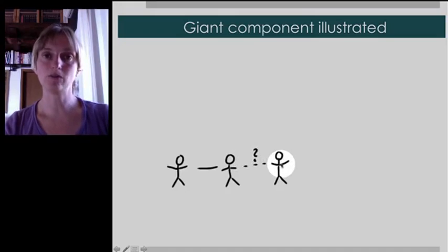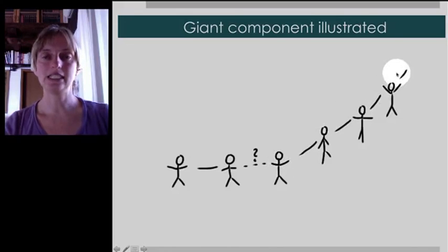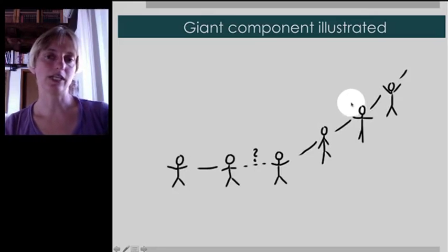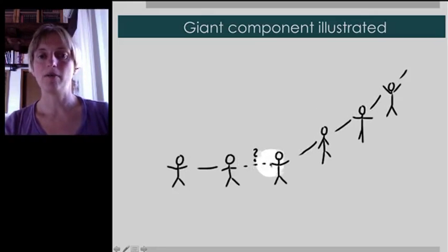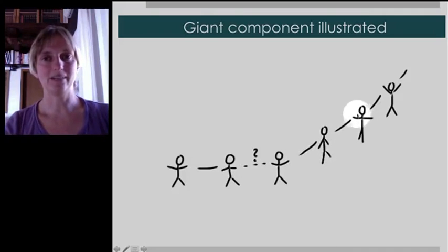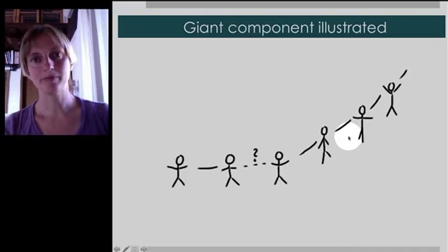If it's at least one other person on average, then this chain can continue, and we're likely to be part of this giant component through which information or disease, etc., can spread. However, if my friend has fewer than one other friend on average, then it's likely that this chain is just going to terminate sooner rather than later.